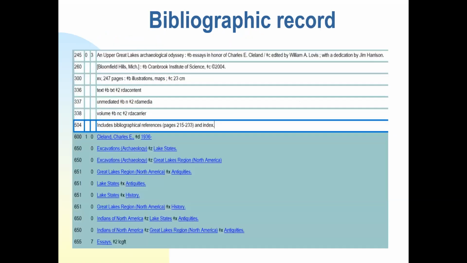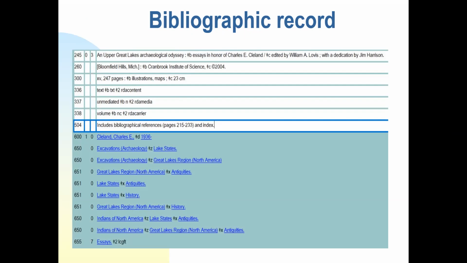Here is a bib record that has lots of subject headings. So you can see an example of a 600, a person that it's about, a 650, lots of 650s, several 651s, and lots of subdivisions on each of these as well.